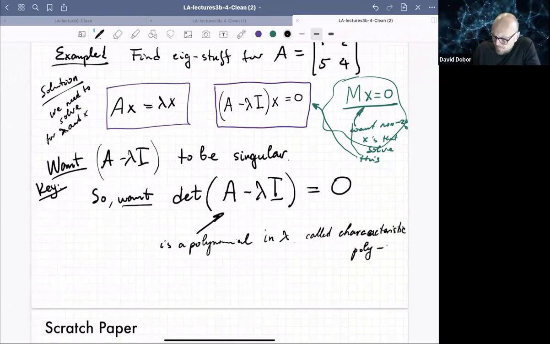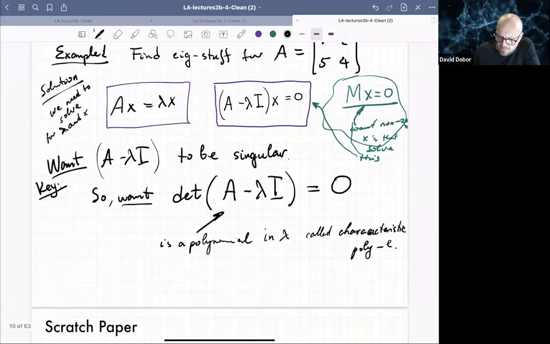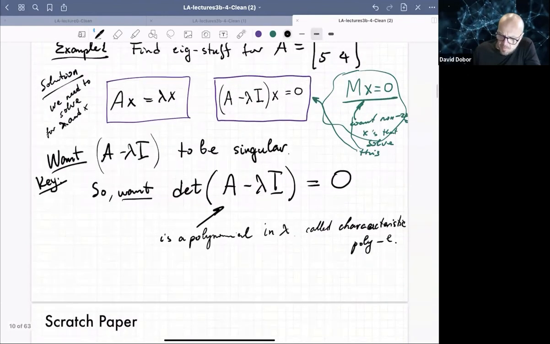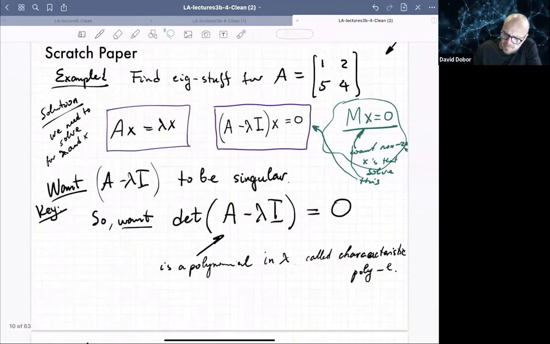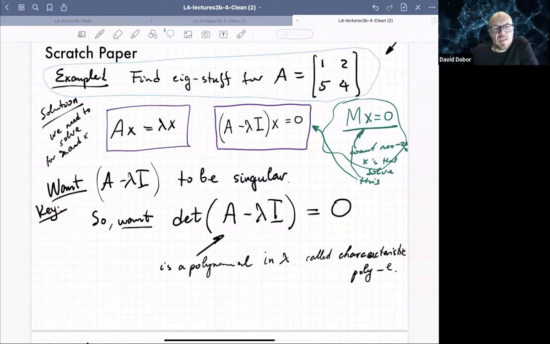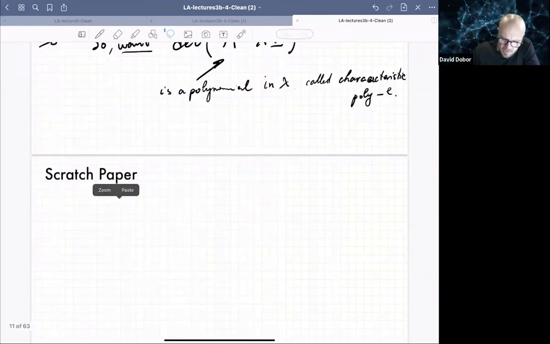Okay, so now for this concrete example, let's write it down. Are there any questions about what I wrote down here? So now we'll go with the numbers themselves.